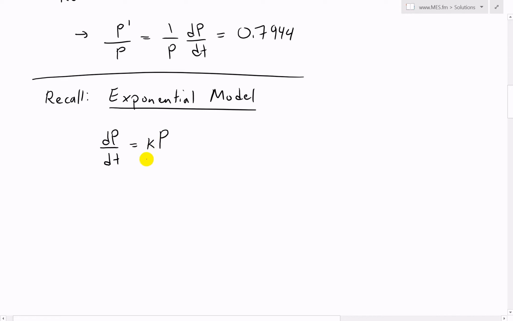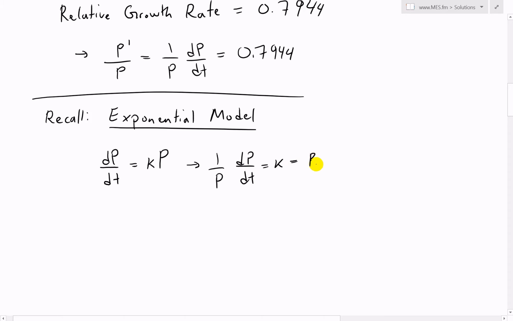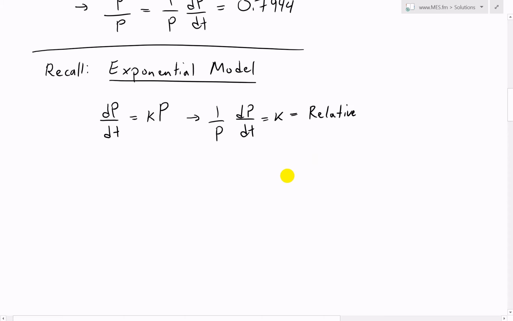Now if you move the P over to the other side, we get 1 over P, dP over dt equals k. So we just rearrange that. In other words, this is the same as the relative growth rate. So the k variable in the exponential model is actually the relative growth rate.